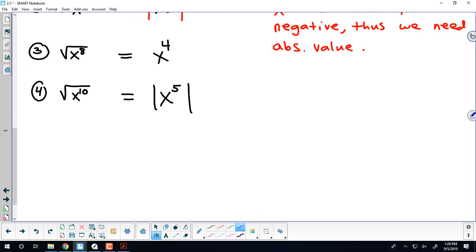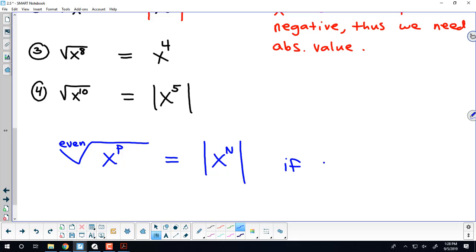So I guess we could say, let's generalize this. The even root of x to a power is equal to the absolute value of x to the power of n if capital N is odd.